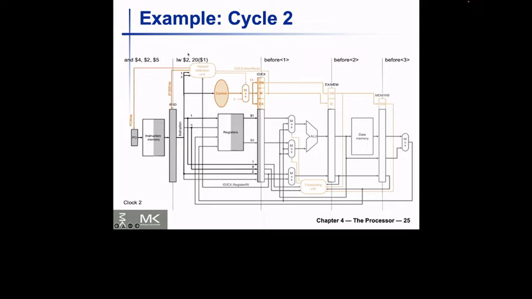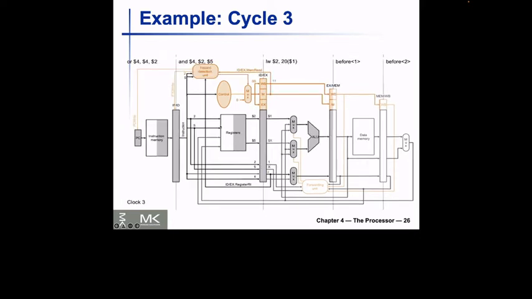At the first clock cycle, of course, we need to fetch the load instruction. In clock cycle 2, we do the instruction decode, and simultaneously we fetch the next instruction, which is the and instruction. In instruction decode, we set the control signals for this instruction, and we put the RS, RT, RD, and the immediate fields all to what they are needed.